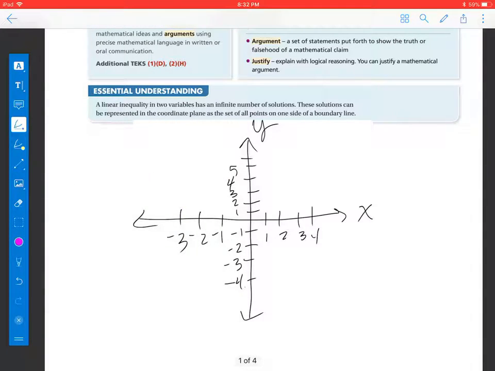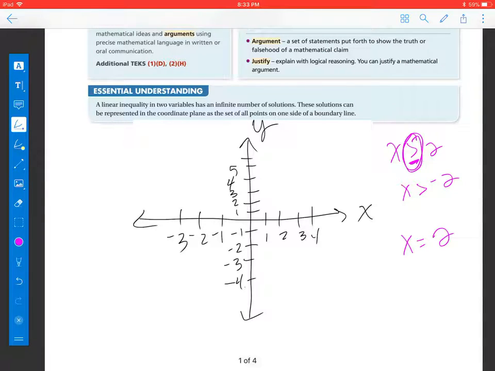Now, the problem we gave earlier was x greater than or equal to 2, and we also had x is greater than -2. When we talk about it graphically, x equal to 2 would be a vertical line.